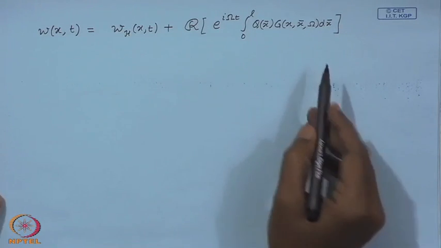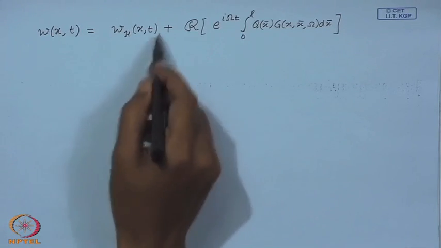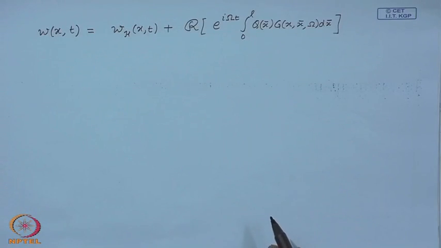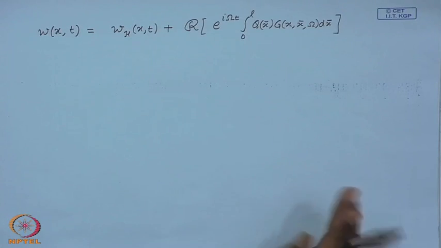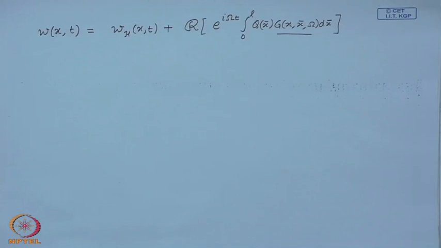So, we can easily find out the total solution, and from here the unknowns can be found by using the initial conditions. Now, the problem remains of how to solve for this G.